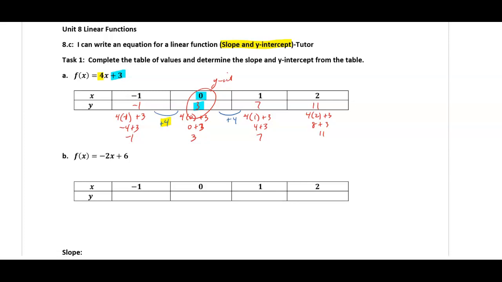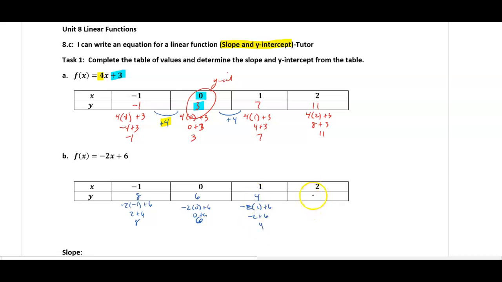Now, if I look at the next one, if I fill out this table, negative 2 times negative 1 plus 6, 2 plus 6, 8. Then, if I plug 0 in, negative 2 times 0 plus 6 gives me 6. Negative 2 times 1 plus 6, negative 2 plus 6 is 4.